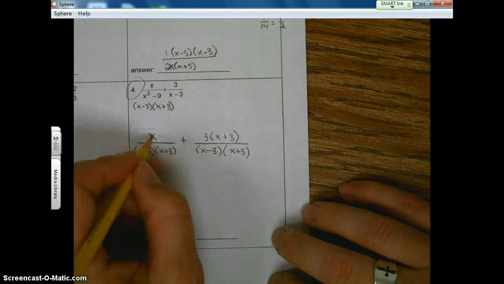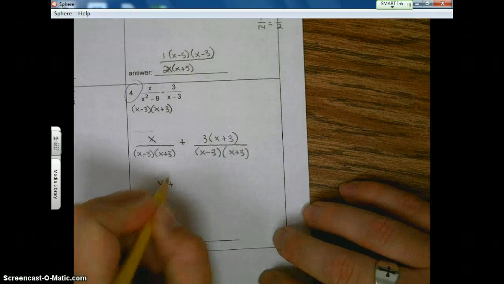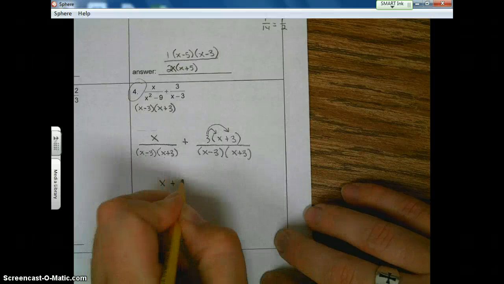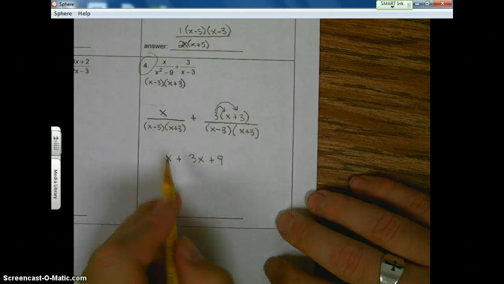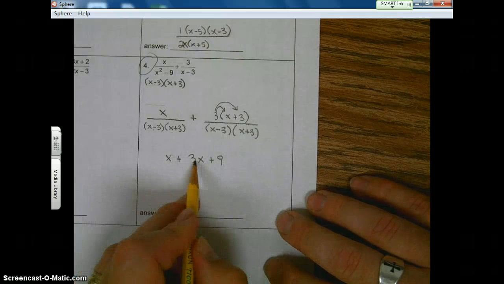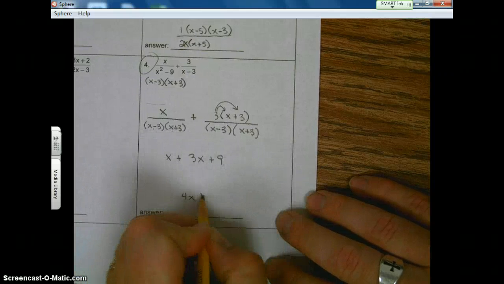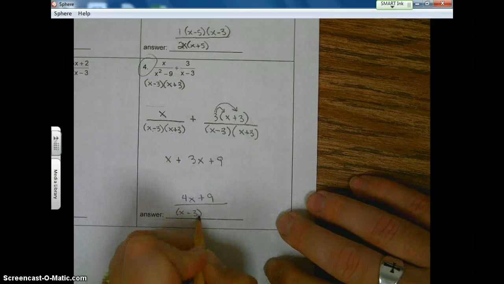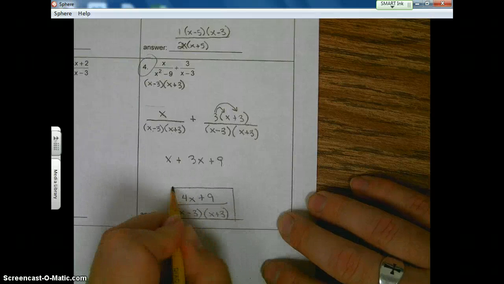So we have x plus, and then we distribute the 3. We get that. And now we have to combine like terms. So we have 1x plus 3x is 4x plus 9. And then we put that over our common denominator. And there's no way we can simplify that any further.